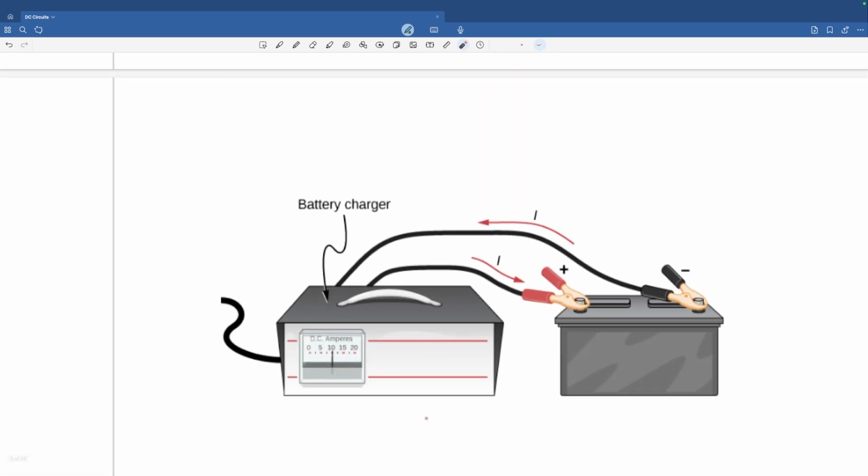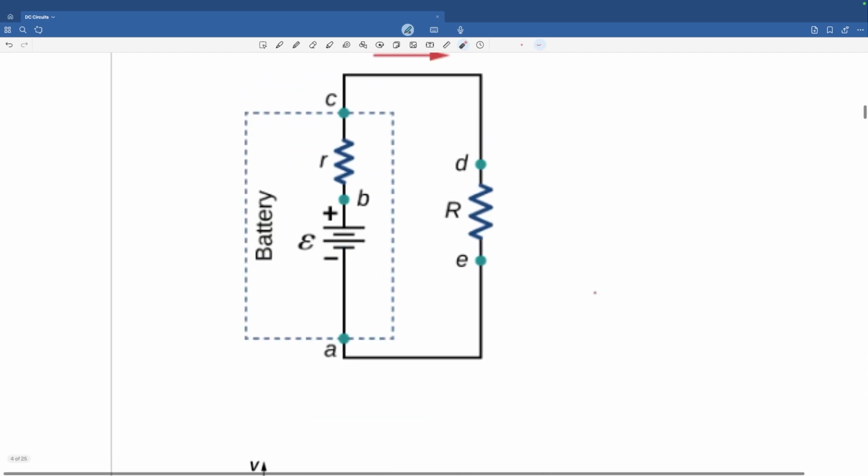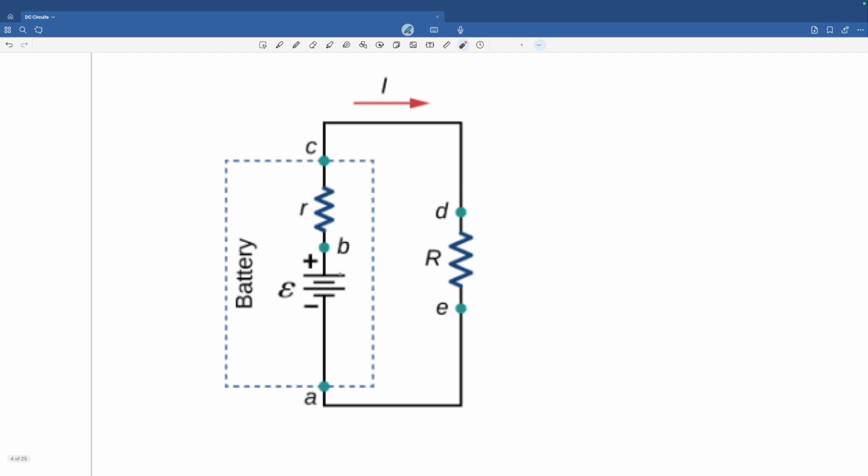Now, I just wanted to put this in here, a battery charger. When you charge a battery, all you're doing is you are sending a current in the opposite direction to that which it would send when you use it. What do I mean? When you use this battery, currents are always going to flow from positive to negative, see? So that's the normal route, positive to negative.